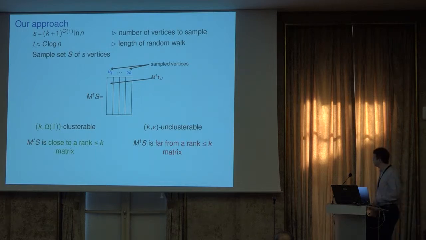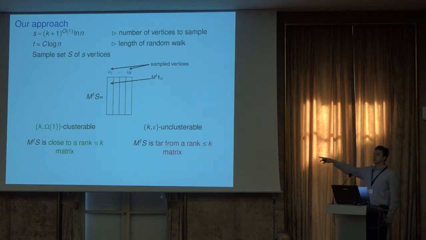On the other hand, if the input graph is k-epsilon-unclusterable, meaning that there exist at least k plus 1 vertex disjoint subsets with non-trivial volume and cuts of sparsity epsilon, then with pretty high probability over the choice of the sampled vertices, the matrix M^t S, the matrix of t-step random walk distributions, is far from any rank k matrix, namely has large rank.